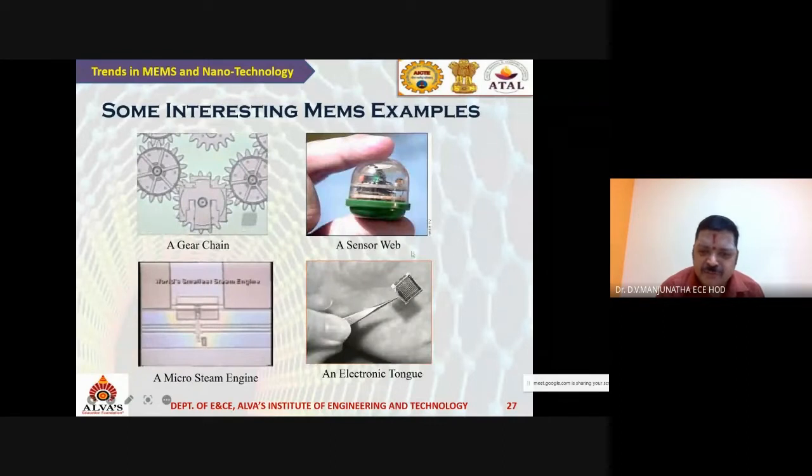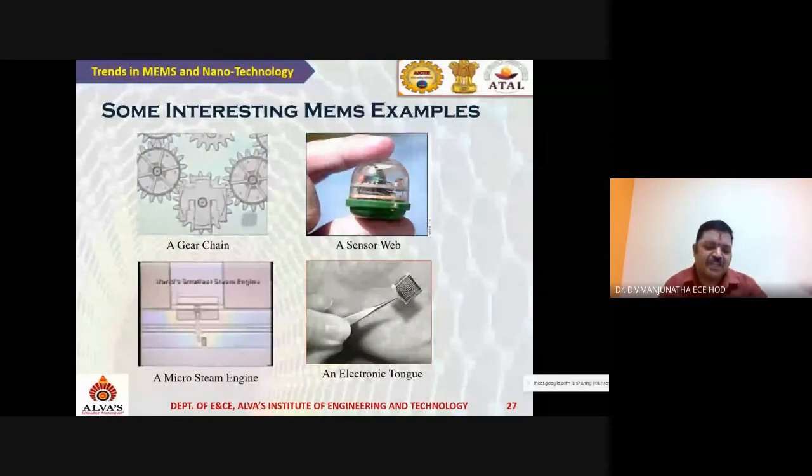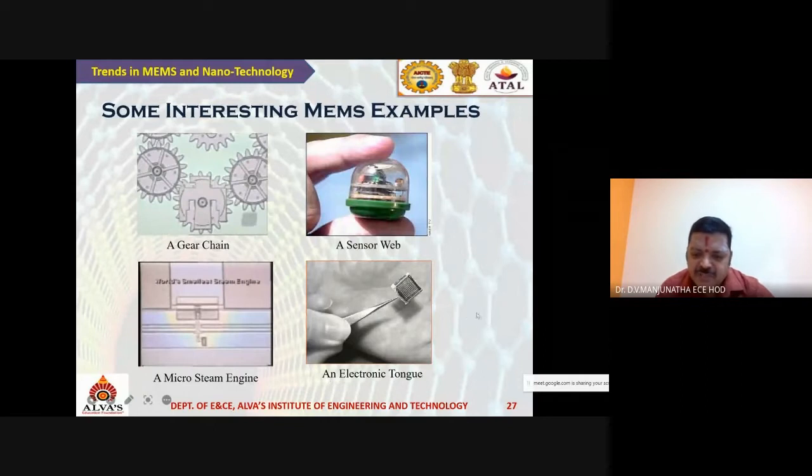Similarly, a sensor web. Sensors, I should not say anything about sensors because sensors have entered a lot of applications today, right? Coming to the micro steam engine in the mechanical area. There is an electronic tongue which tastes the smell, which tastes the thing, right? That is an electronic tongue, on which research is still going on.